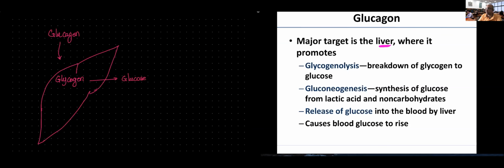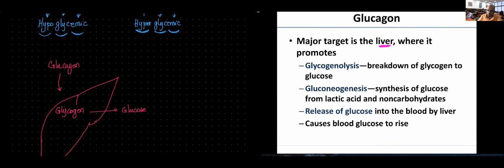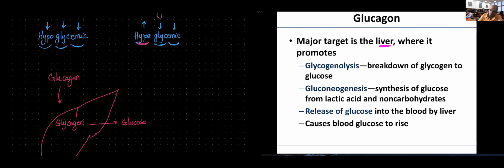And this glucose, when it gets transported from the liver to the blood, it will increase the blood sugar level, causing, that's why we consider it as a hyperglycemic hormone.